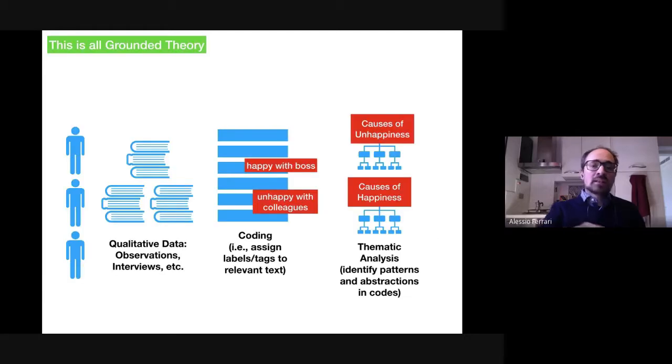So this is a scheme that you should read from left to right, and that describes the first steps of grounded theory. As the name says, and as we know, every time we do some empirical research, qualitative or quantitative, we are targeting theories. In this case, we want the theory to emerge from the data.